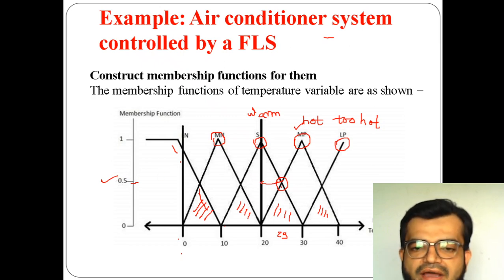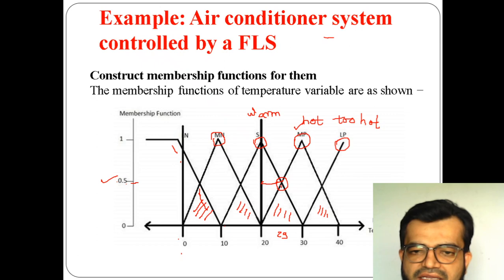Why? Because you are taking 0.5, right? So you can say that 25 degrees centigrade is warm to the degree of 0.5.